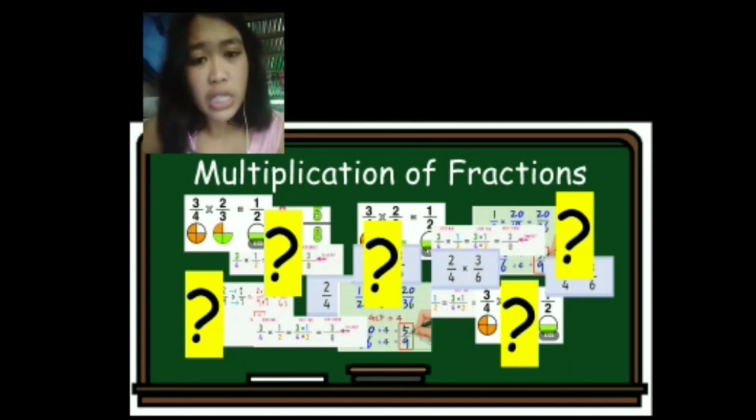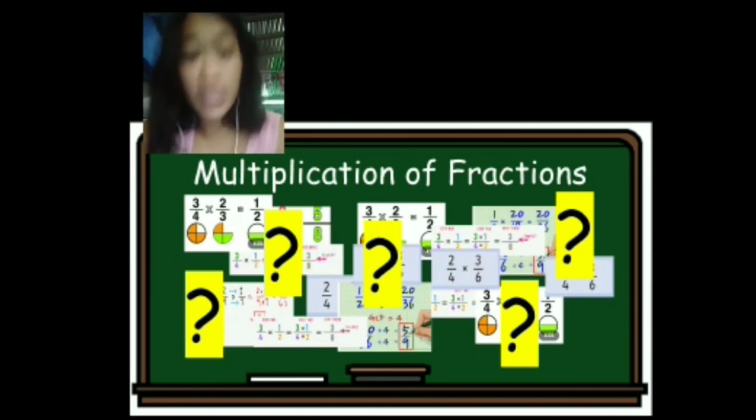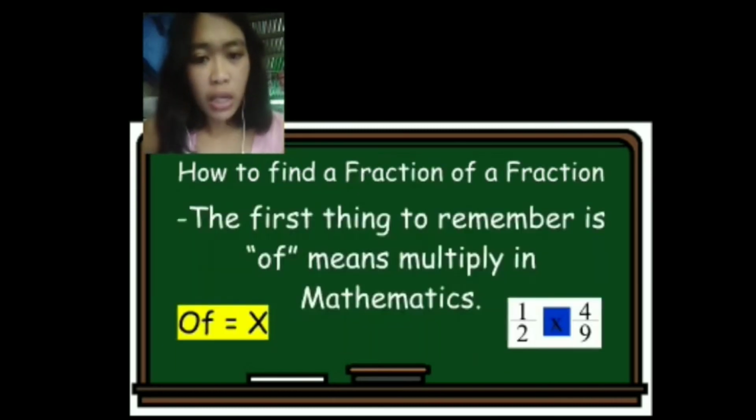These fractions can also be simplified before multiplying by factoring or canceling common factors in the numerator and in the denominator.